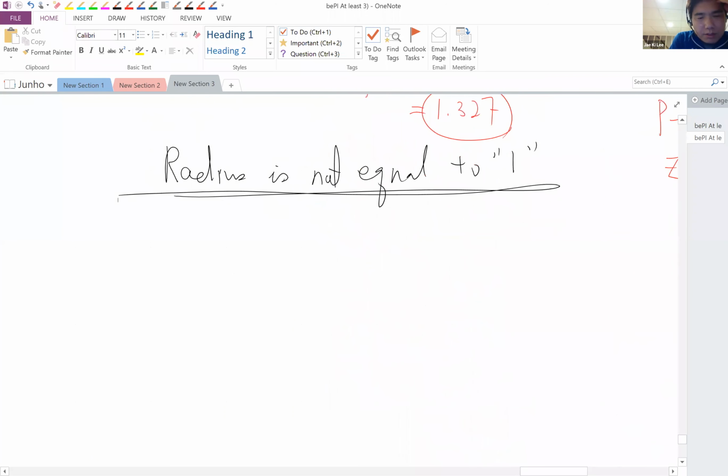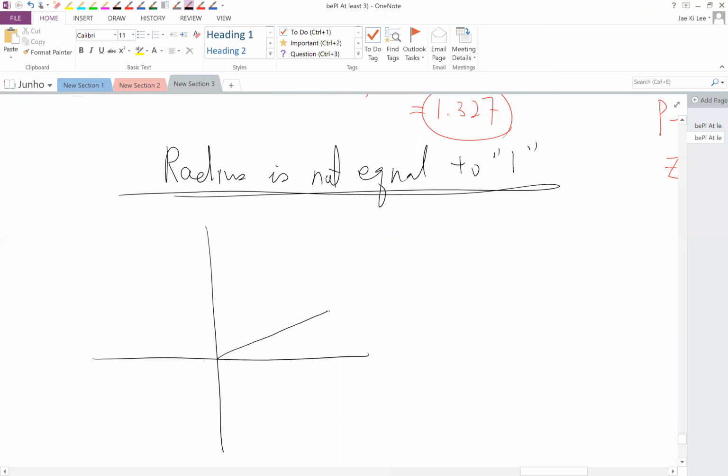Okay, so I'm gonna just make one example. So on the plane graph here, the given point is 5, 2. As you see, 5, 2. You're using the Pythagorean theorem. I'm sure it won't come out radius equal to 1.